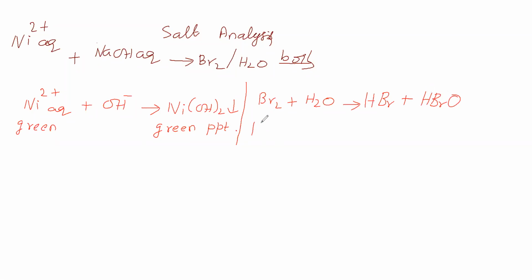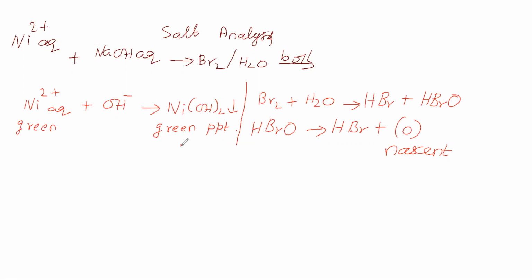This hydrobromous acid is unstable, so it decomposes to give hydrogen bromide plus nascent oxygen. Nascent oxygen means oxygen that is produced during the reaction and immediately involved in the chemical reaction.